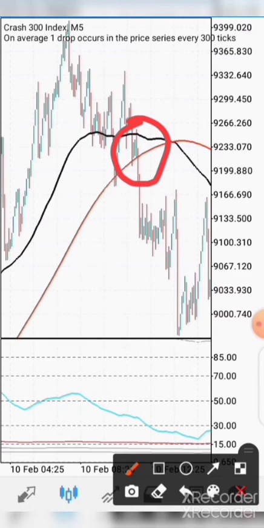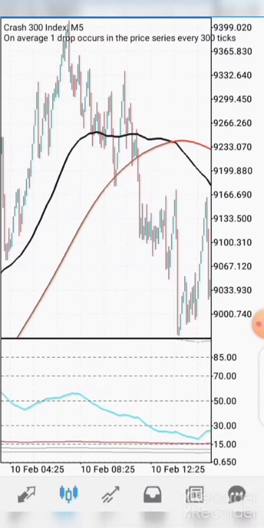Then the RSI has crossed your level 50, and here it has also crossed this one. That is number two. So you can now hold your trade.